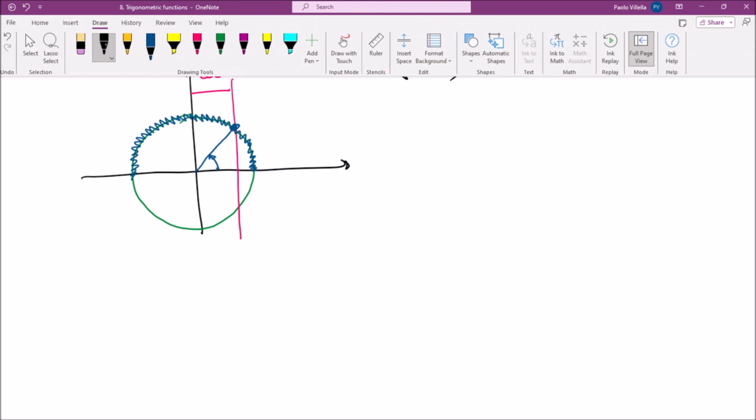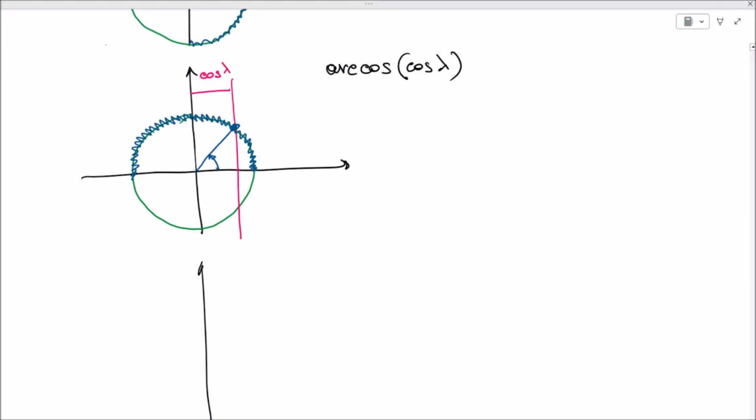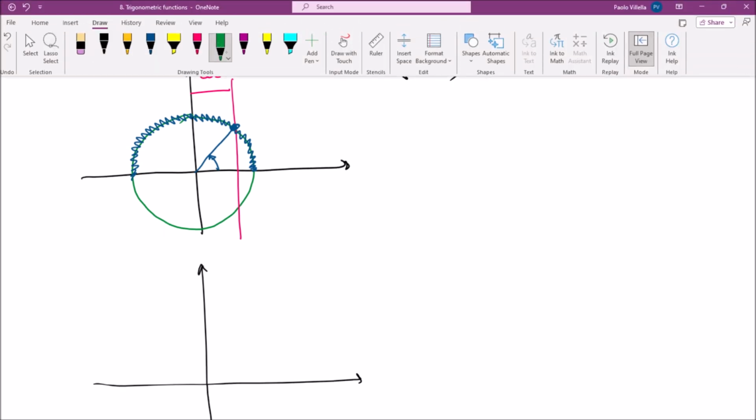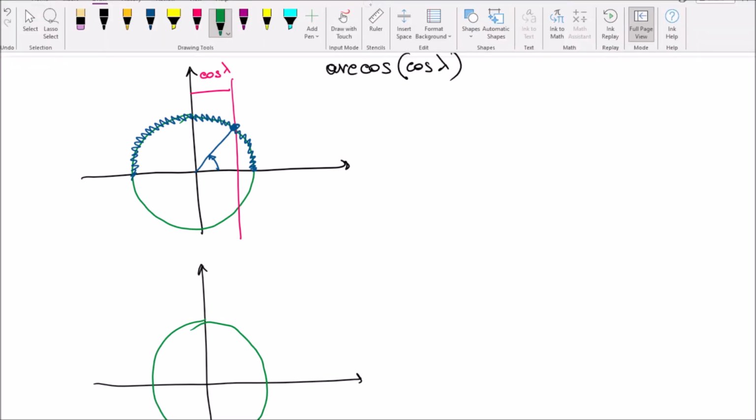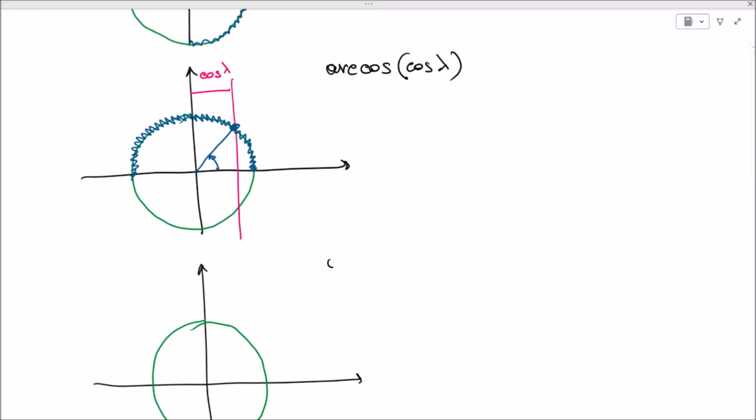Final example. Once again, let's consider the unit circle. And let's say now that we are trying to solve arc cosine of lambda, but now, for example, let's say that we are trying to solve for the cosine of 4 radians.